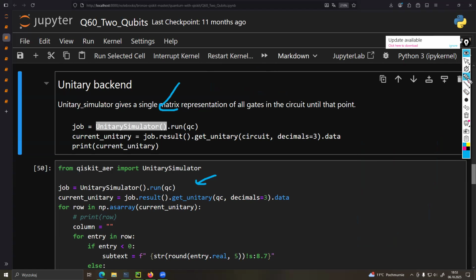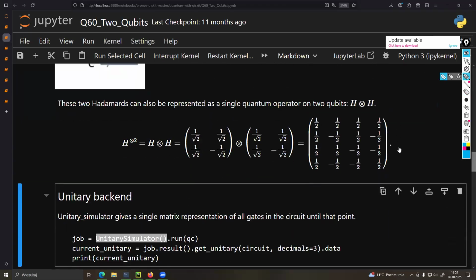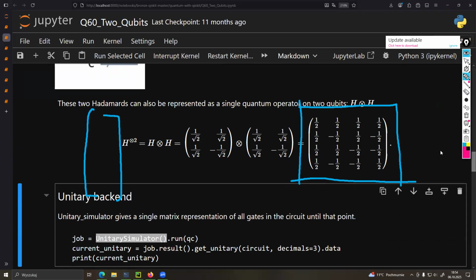So the unitary simulator gives me output that looks exactly like this matrix, right? So instead of the state, instead of the vector as an output, I get a matrix, right? This is the unitary simulator result.